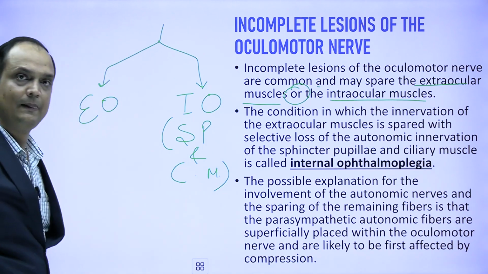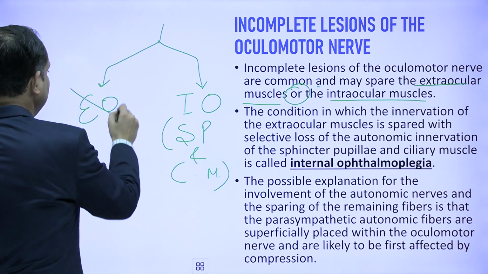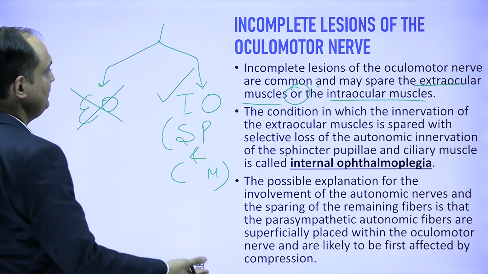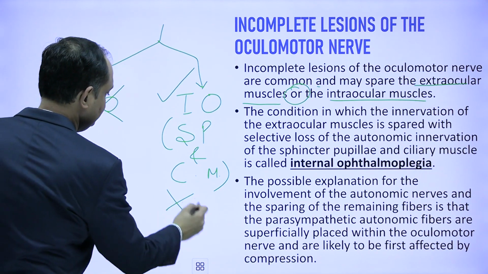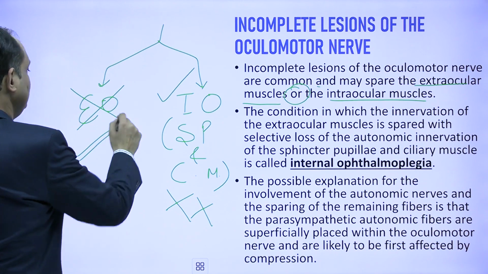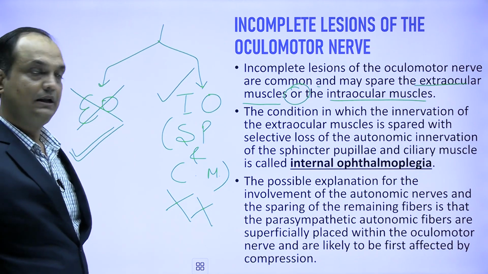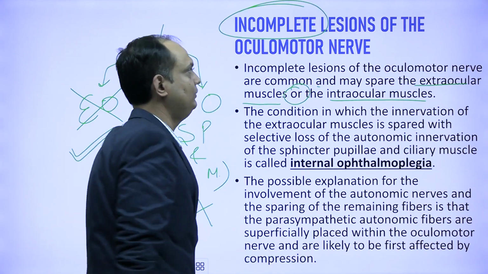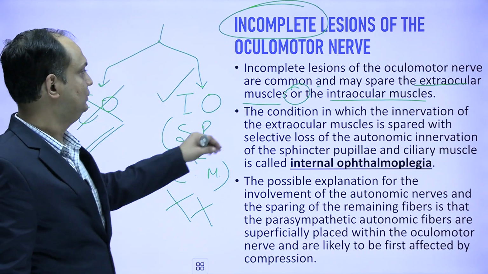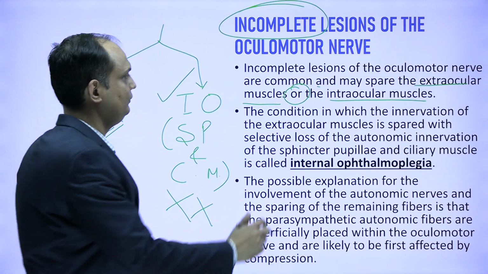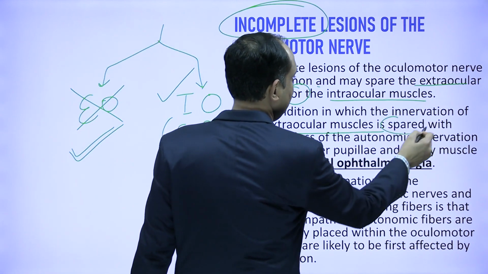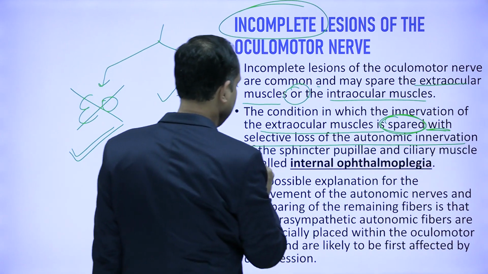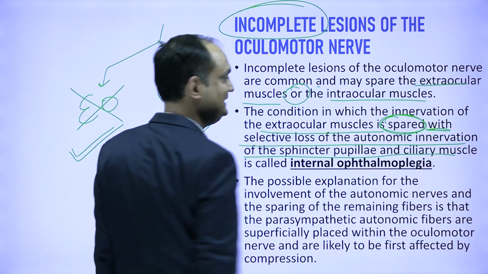Suppose the extraocular muscles get paralyzed but the intraocular muscles remain, or vice versa, the intraocular muscles get paralyzed but the function of extraocular muscles remains. Both conditions are known as incomplete lesions of the oculomotor nerve. So, this is the condition in which innervation of extraocular muscle is spared with selective loss of autonomic innervation of the sphincter pupillae and ciliary muscle.